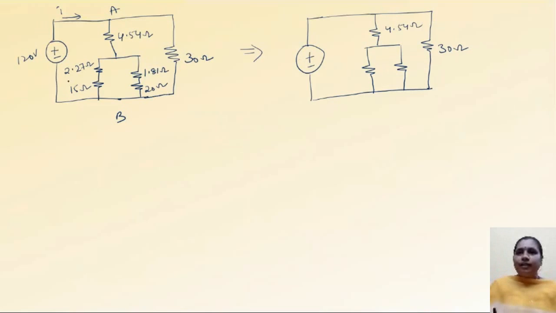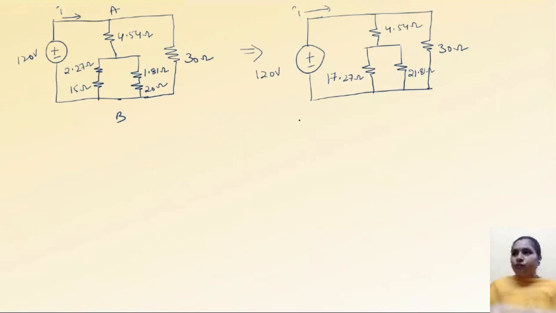So I am directly adding here because these two are in series. So R1 plus R2 will be 17.27 ohm. Here also series. So R1 plus R2, so 20 plus 1.81. So it is 21.81 ohm. This is 120 ohms. This is the current we need to find out.